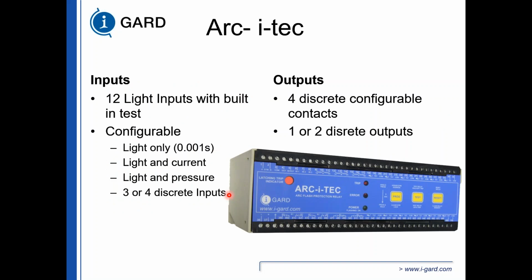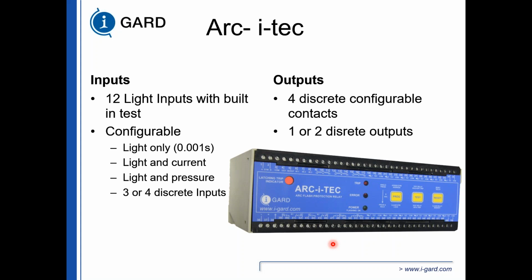So to introduce arc flash relays to compare against these, we're going to compare our Architect relay, which has 12 light inputs with built-in test when you have the point sensor.